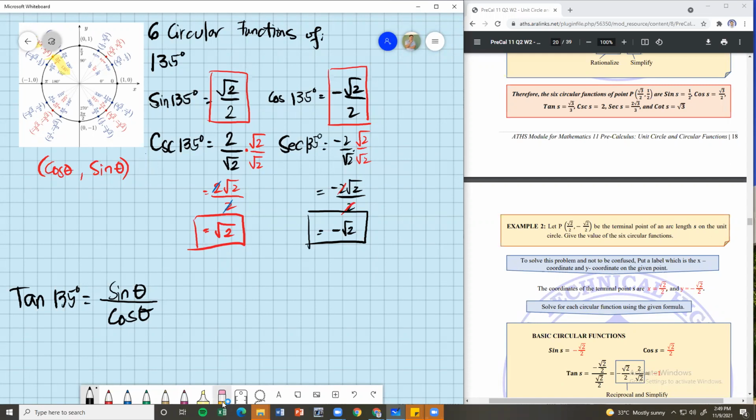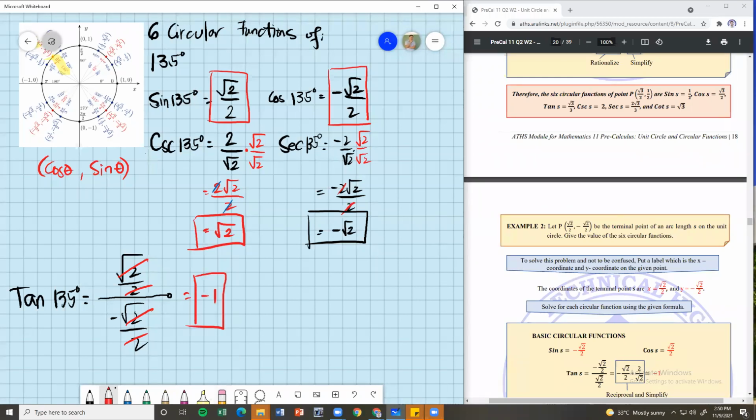Lagi na una si sine. Okay, what is our sine? That is square root of 2 over 2. And our cosine is negative square root of 2 over 2. I taught you this already. The answer will be negative 1.